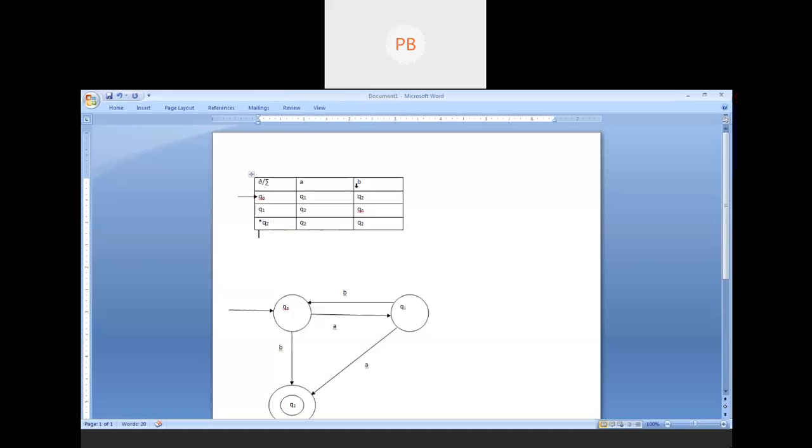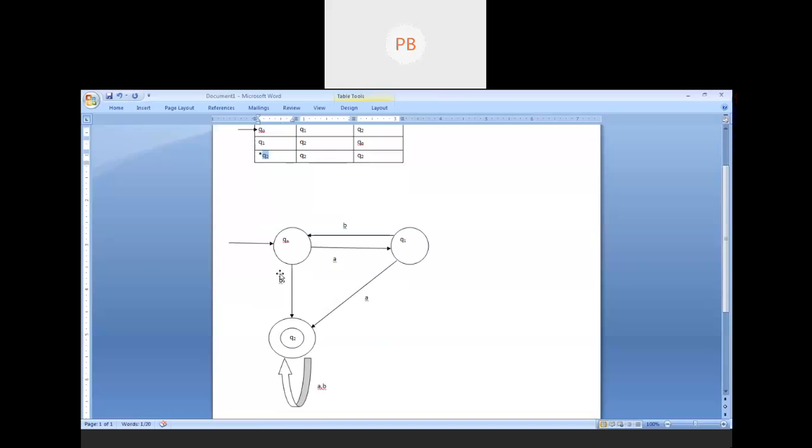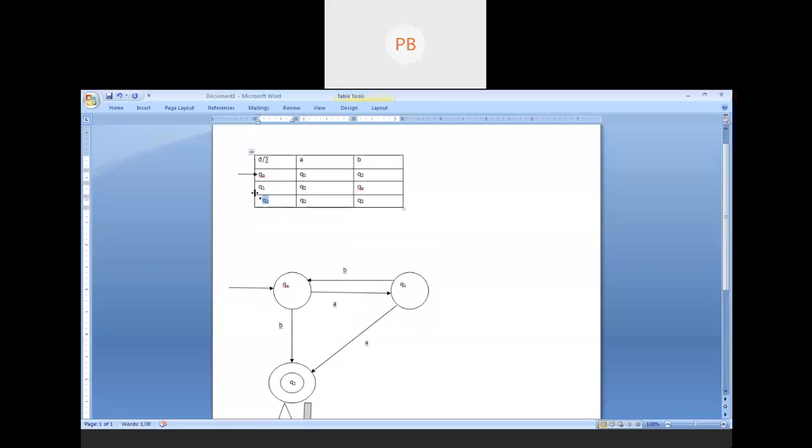In this transition table, the rows represent the input symbols and the columns represent the states. This arrow indicates Q naught is the initial state or start state. This star represents Q2 is the final state. In the graph we use a double circle to represent the final state; here we use a star.